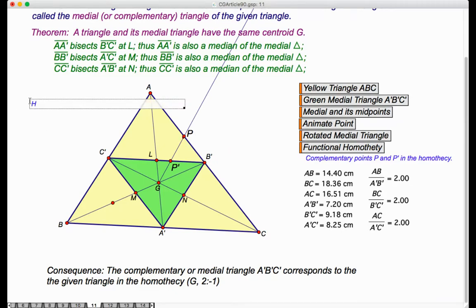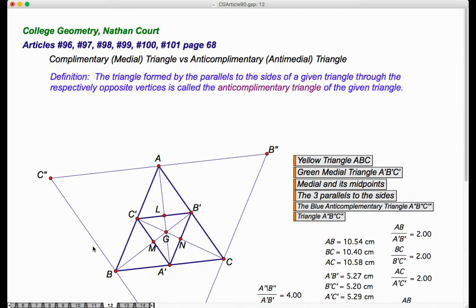The image of P in that homothecy is equal to P prime, okay? And they are called complementary points. P and P prime are complementary points in the homothecy. Okay? Let us extend this to other ideas.